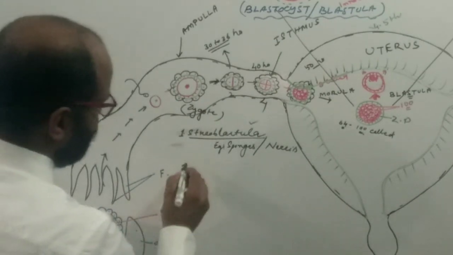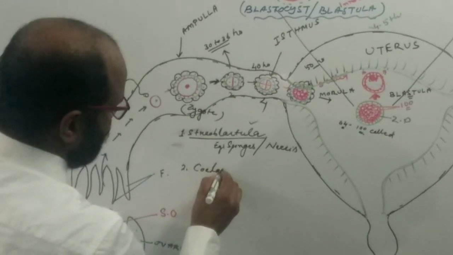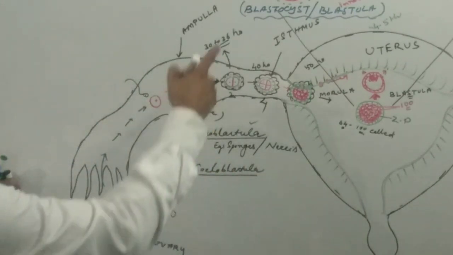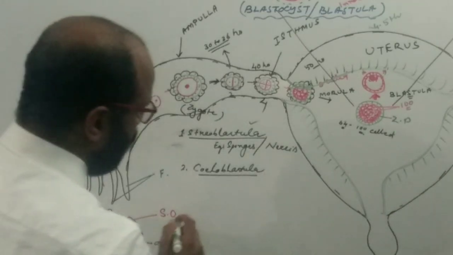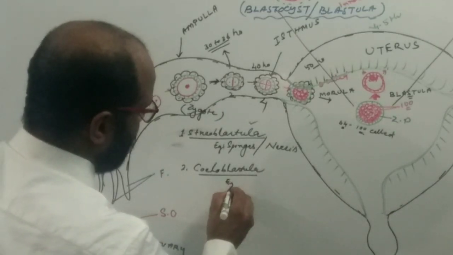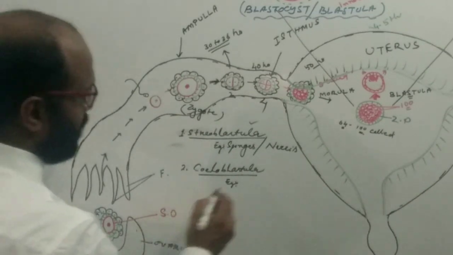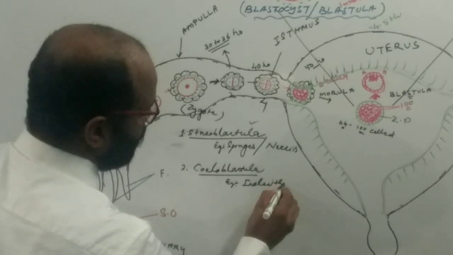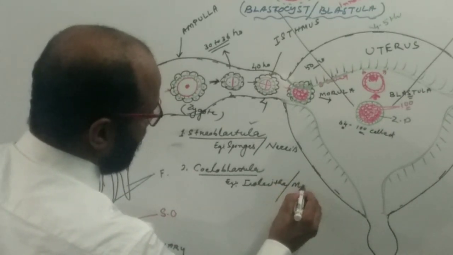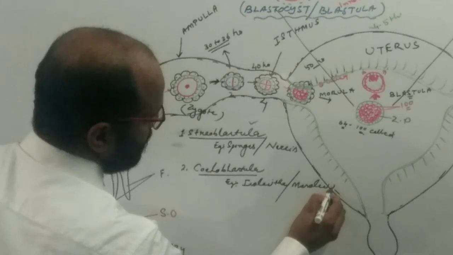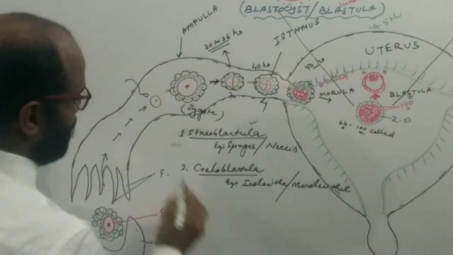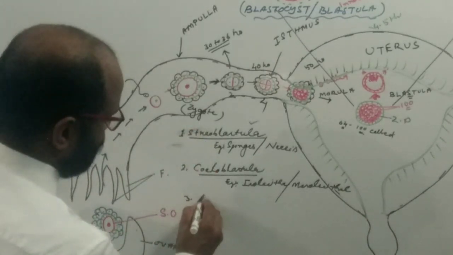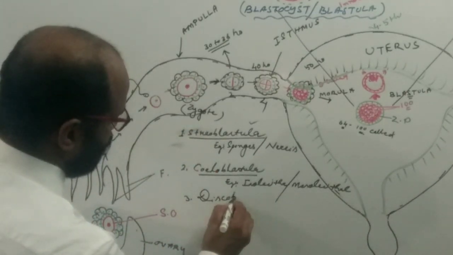Second is the coeloblastula. The blastula with a blastocoel is known as the coeloblastula, and such a type of blastula is found in the case of isolecithal and mesolecithal eggs. Another type of blastula is the discoblastula.